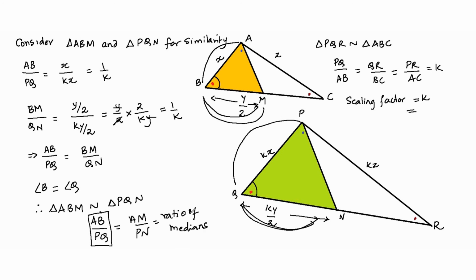So what this means is in two similar triangles, the medians also scale in the same ratio as the sides, which is the scaling factor, right? So far we have learned that the perimeter, the angle bisector, the median and the altitude all scale by the same factor as the sides, but the area scales by the square of the scaling factor.